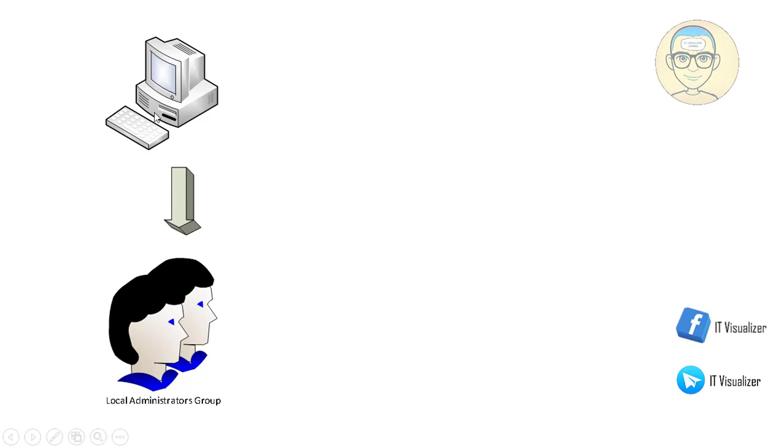Okay, so this is locally, this machine is not joined to a domain. If you have Windows installed on this machine and you have created a local user, and this user is a member of the local administrators group, this user can do anything to the machine. Okay, so this is first.